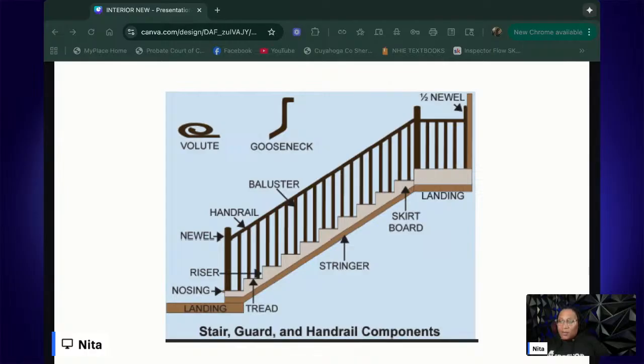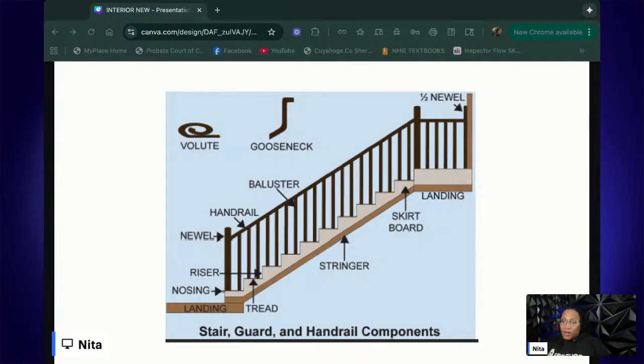That's correct. The maximum riser height, 7 3/4 inches. Correct. Minimum tread depth, 10 inches. That's correct. So that applies when you are doing your interior stairs as well.